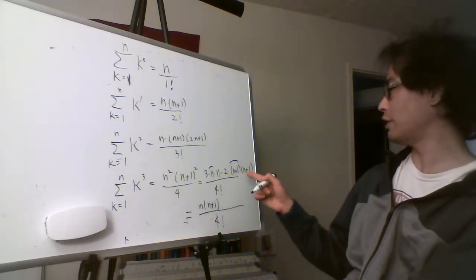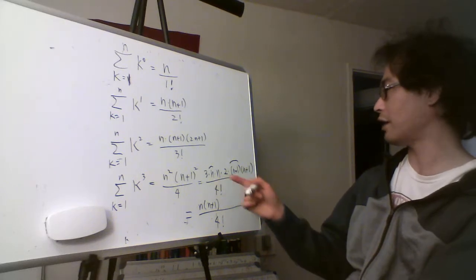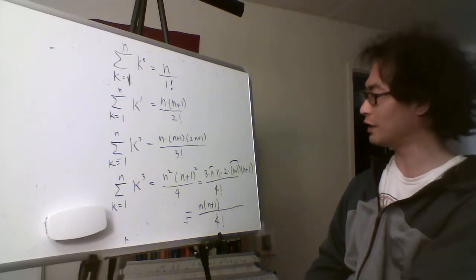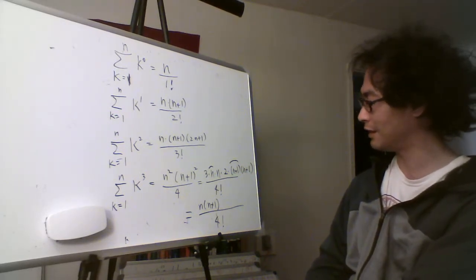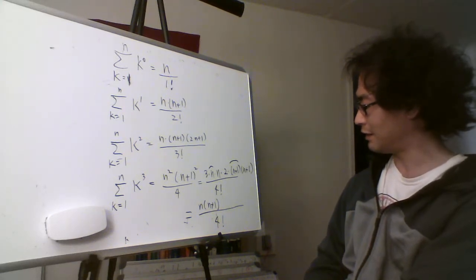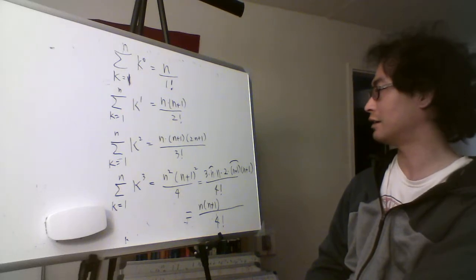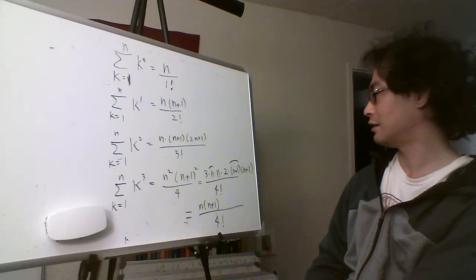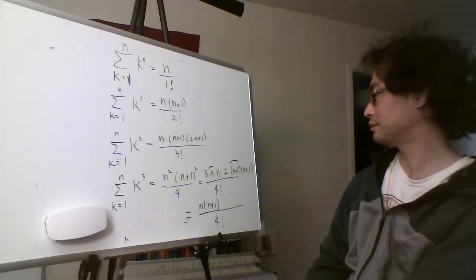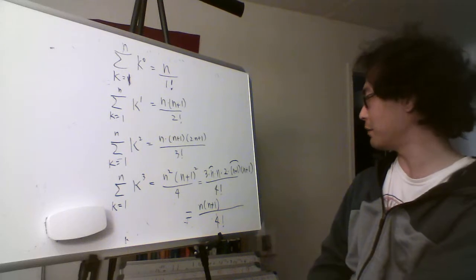We can do 3n plus 3 times 2n, but it's not quite following the pattern. What am I missing?